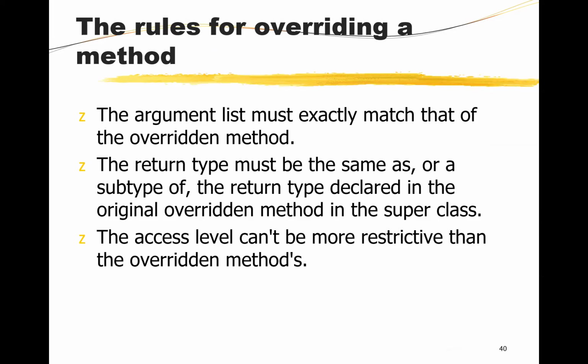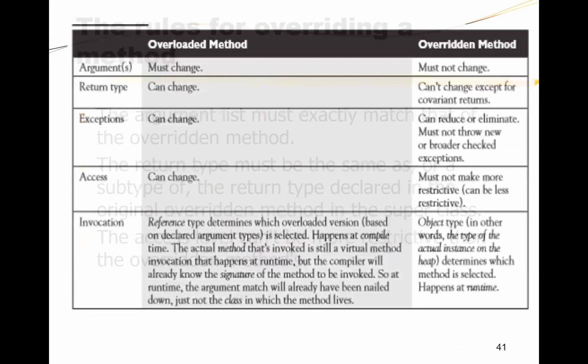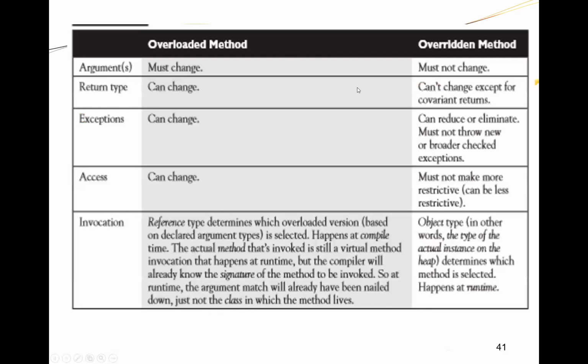There are some rules you need to remember for overloading and overriding. As a summary, remember this: arguments in overloading must change, in overriding must not change. The return type in overloaded methods can change, but in overriding it can't change except for subtypes.